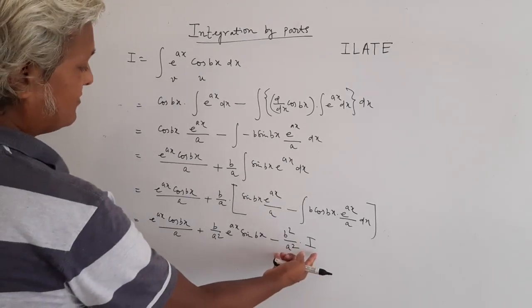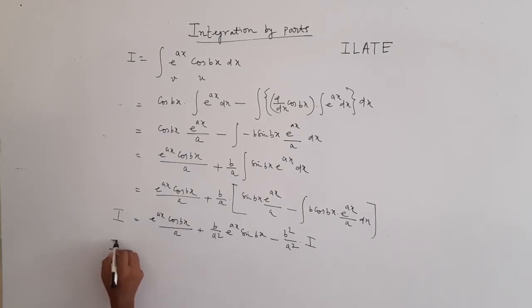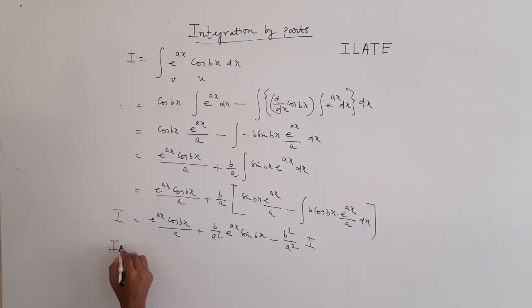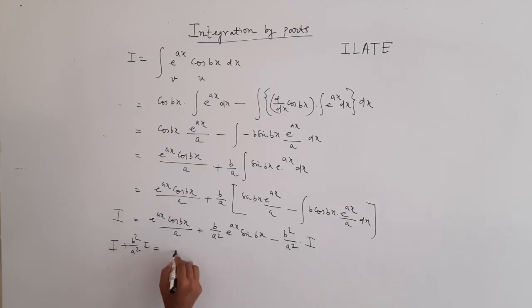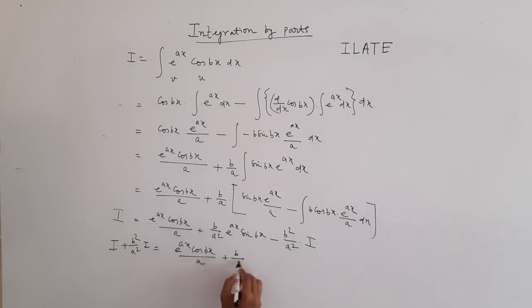So I'll transfer this I to this side of the expression, and then I get I plus b square upon a square I equals e to the power ax cos bx upon a plus b upon a square e to the power ax sine bx.